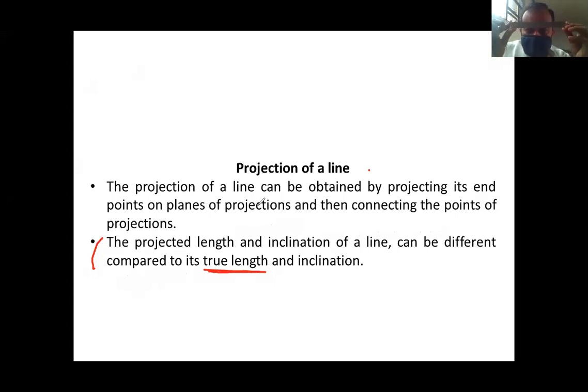You know this is 15 centimeters. If you incline it like this, you won't be able to see 15 centimeters from this point to this point in the front view. It will be a lot less, but actually it is 15 centimeters. Same way, if you incline it and see the top view, you will see only this much distance, which is a lot less than 15 centimeters.